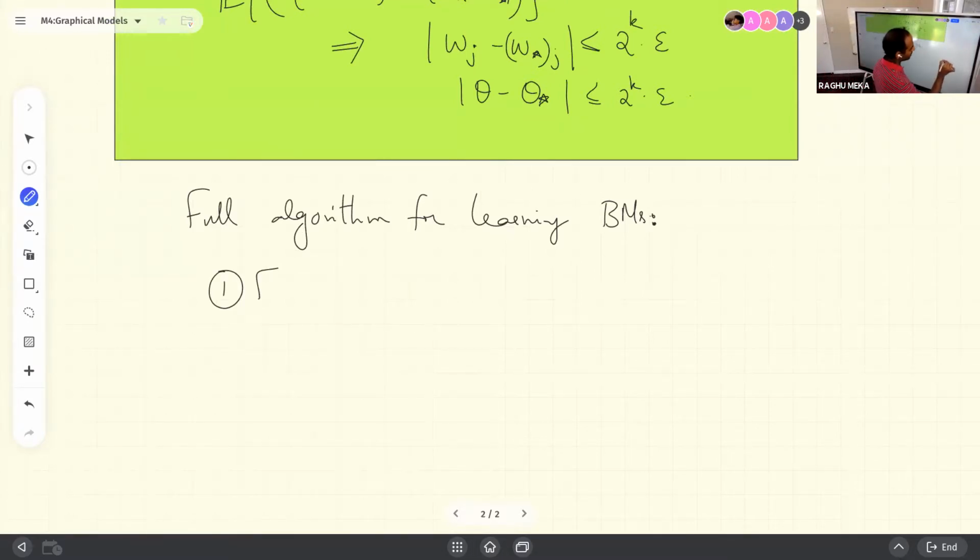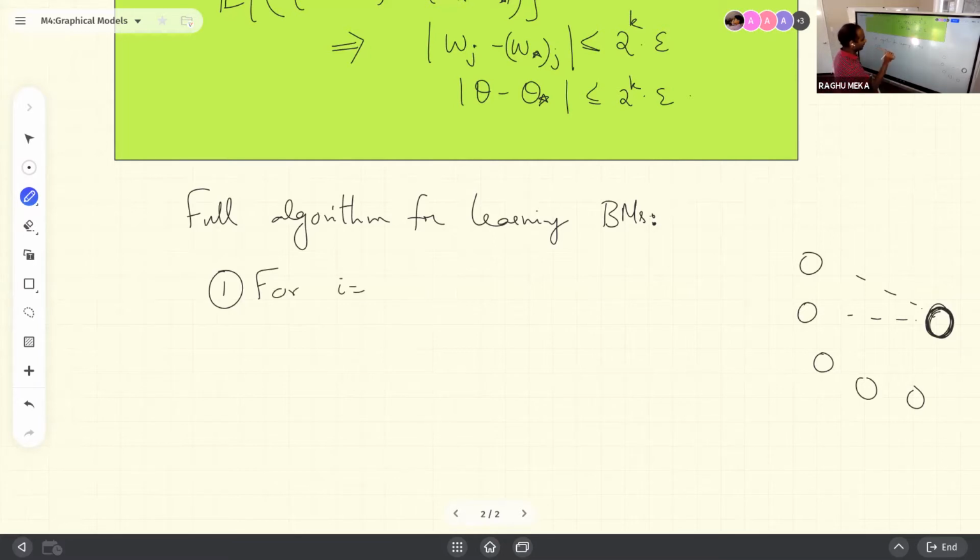So what we did so far tells me I can use it to learn the neighborhood of a single vertex. So what can I do?